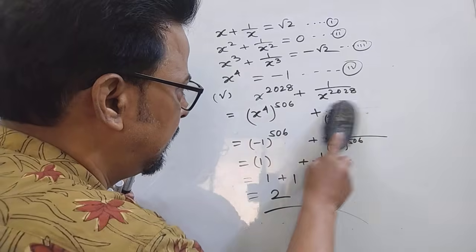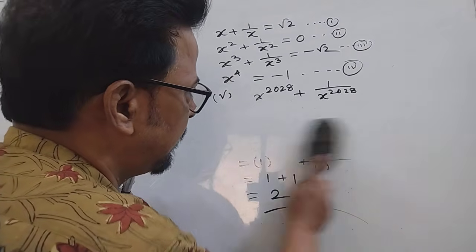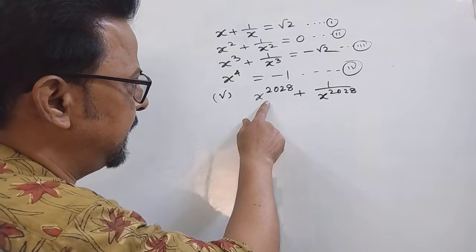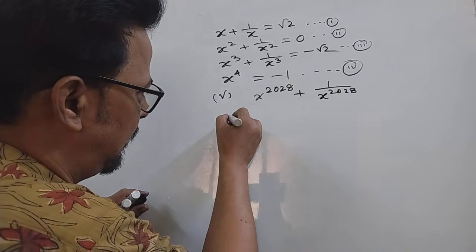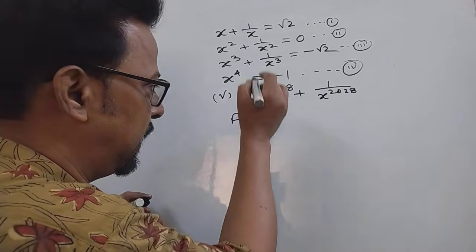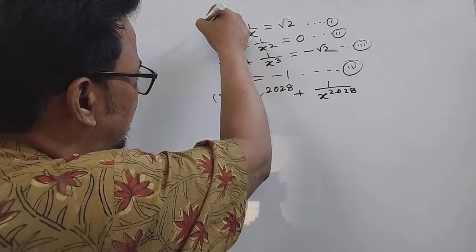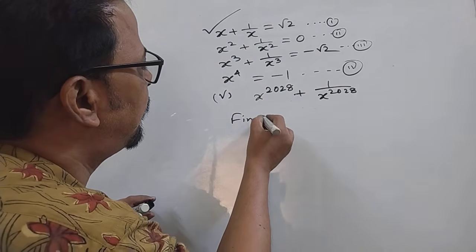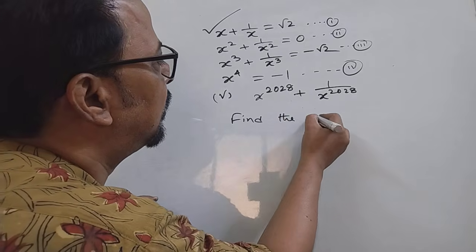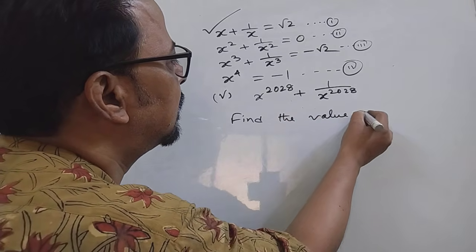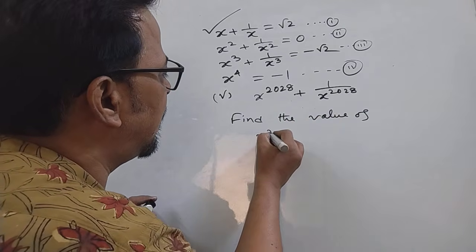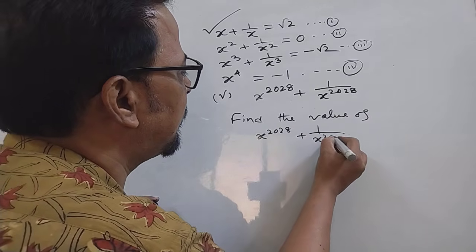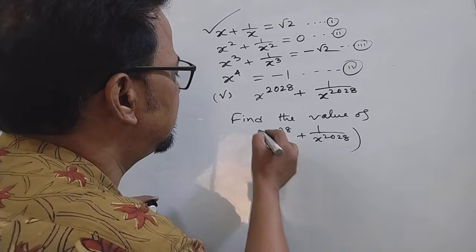So your question is: find the value, with the same condition x plus 1 by x equals root 2, of x to the power 2028 plus 1 by x to the power 2028.